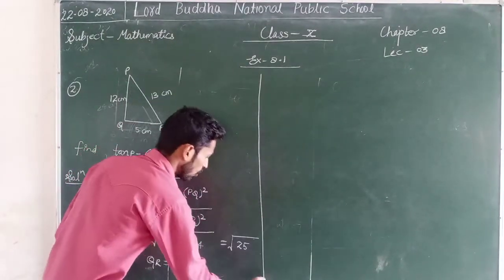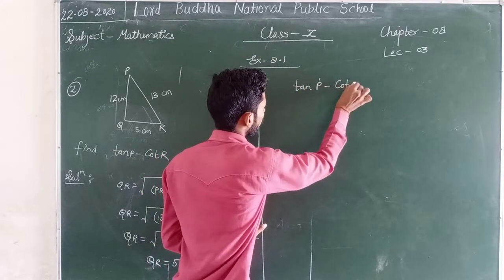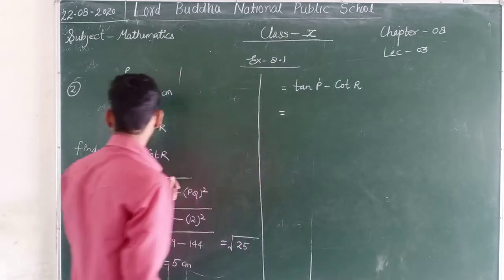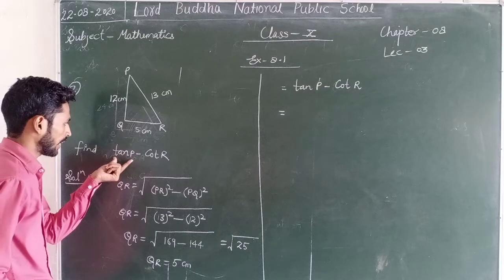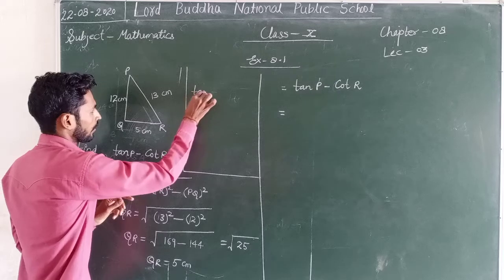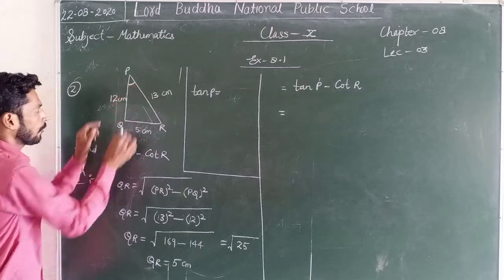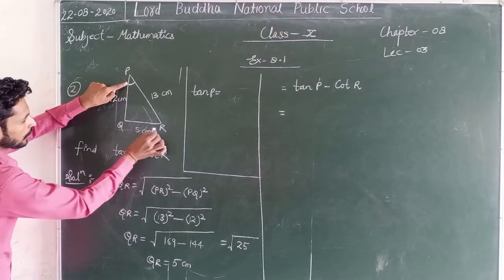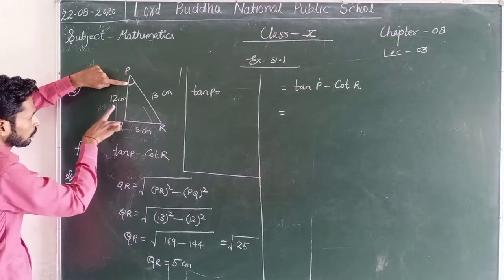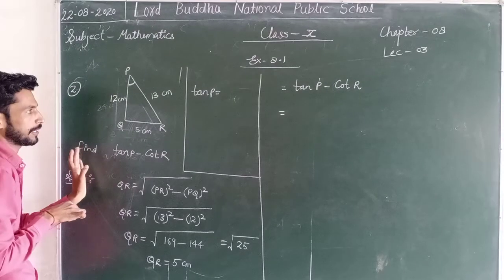Now we can go to solve the question tan P minus cot R. First we have to calculate tan P. For angle P, the perpendicular is QR, the base is PQ, that is 12 centimeter, and the hypotenuse is PR, that is 13 centimeter.